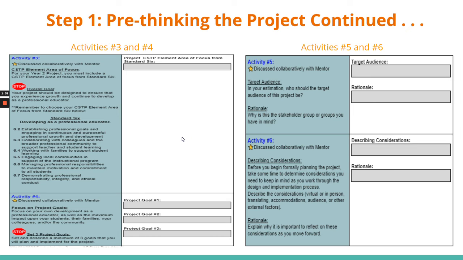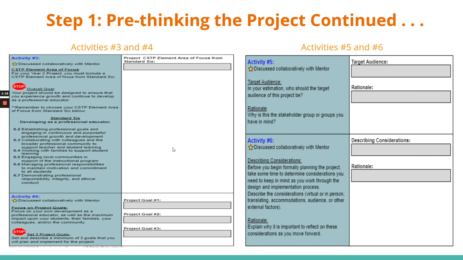So you can copy and paste in, for example, CSTP 6.4, working with families to support student learning, just so that you can show your CSTP element alignment with your project. The whole purpose is to show how you're developing as a professional educator during your project, as well as applying your learning from your Cycle of Inquiry.